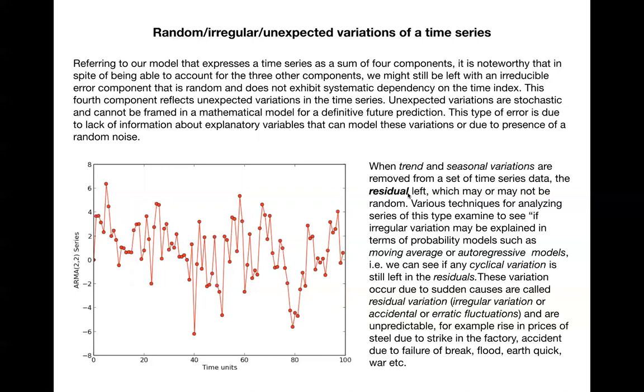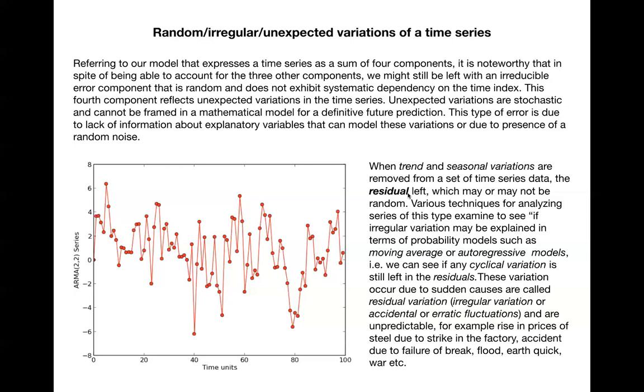Random variations are something unexpected. These are usually stochastic and cannot be framed in a mathematical model for definitive predictions in the future. That's the most difficult part, and you will see lots of random variations like that.